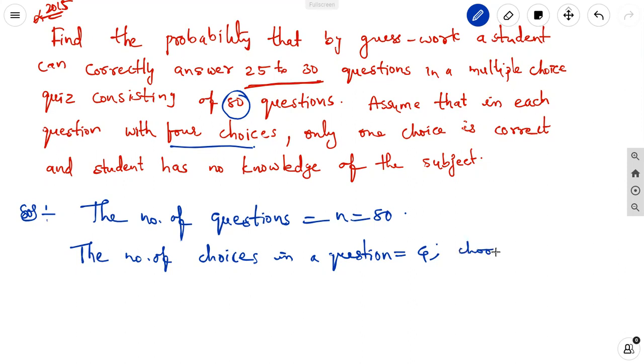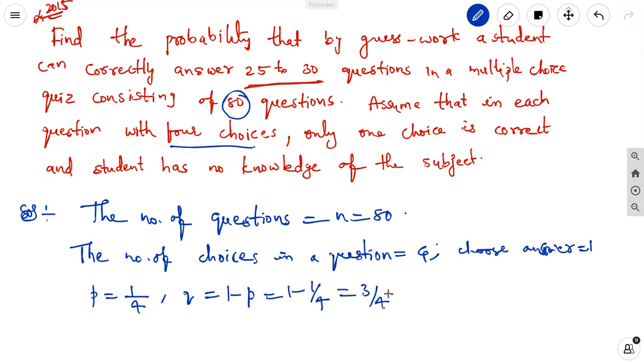Choose answer equal to 1. So small p equal to favorable outcomes by total outcomes, 1 by 4. Q equal to 1 minus small p, that is 1 minus 1 by 4 is equal to 3 by 4.